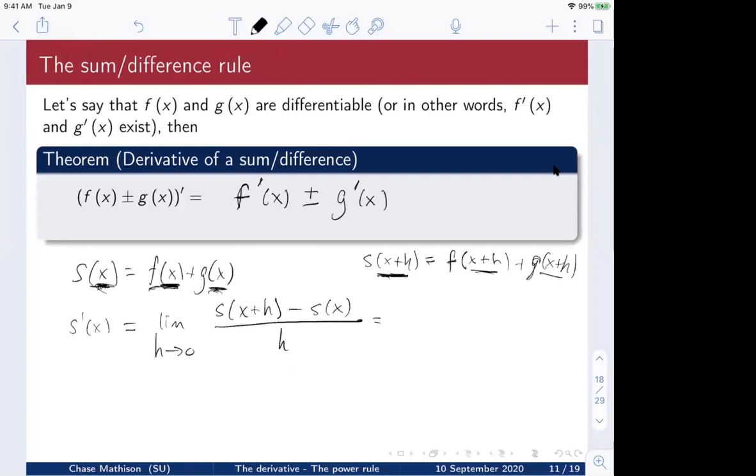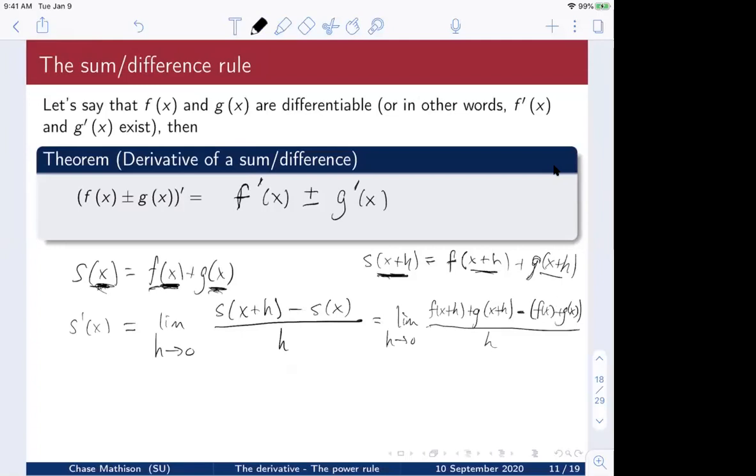So this is equal to the limit as h approaches 0. Well, s of x plus h is f of x plus h plus g of x plus h, minus s of x, that's minus the whole thing f of x plus g of x, and then all divided by h.